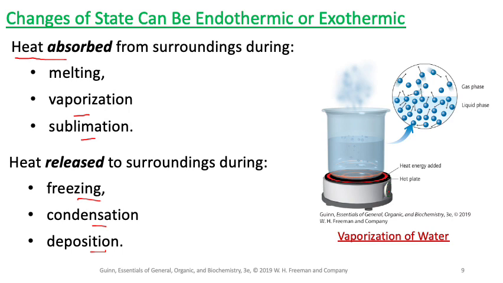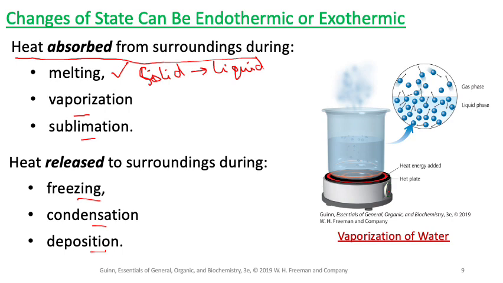So for heat absorbed from the surrounding, whenever we do melting, because what is melting? Melting goes from solid to a liquid. That means energy has to be provided to a solid to break the intermolecular forces between the molecules to convert into a liquid, right? That's why energy is being absorbed.